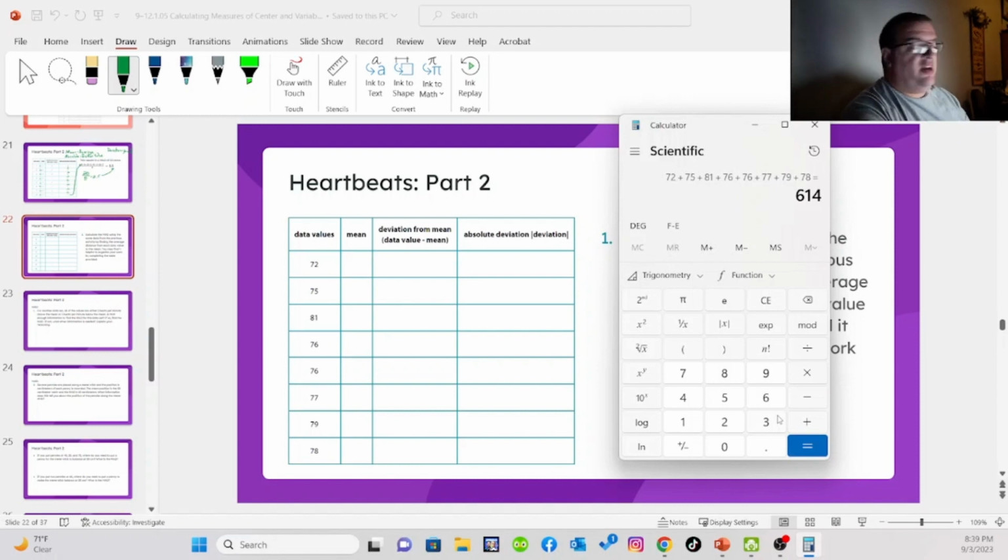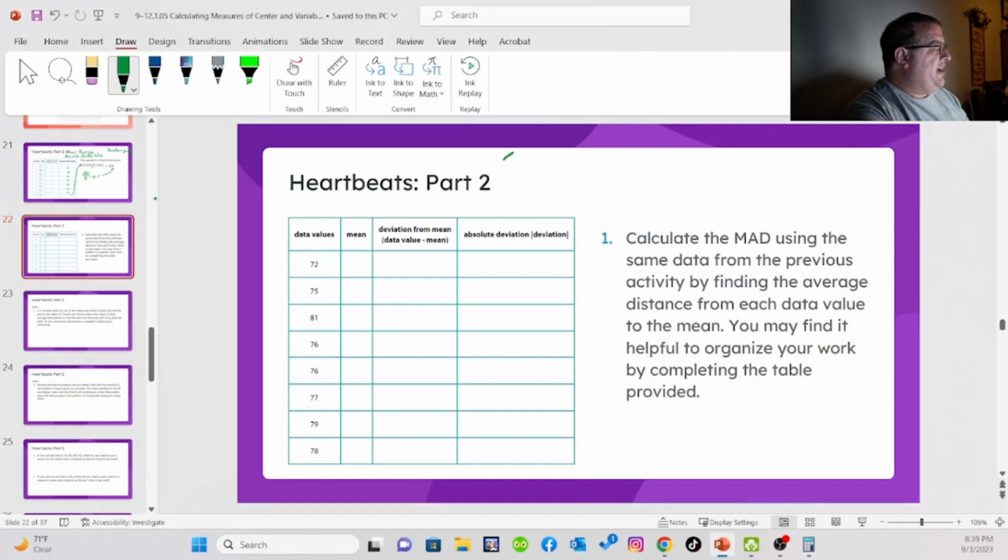We get 614. Notice I did not have to put these in numerical order. With mean, I'm taking the average, so I just need to add them all together and then divide by how many there are. So in this case, when I add them all together, I get 614. I had 8 data points.